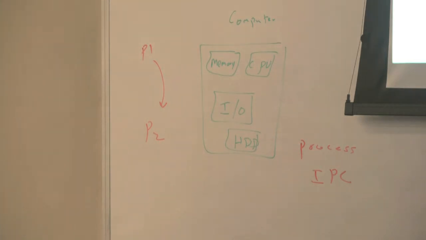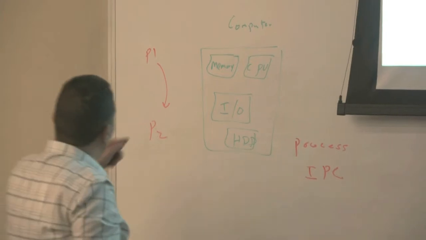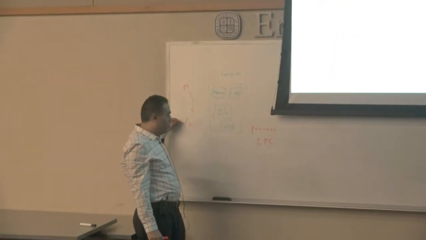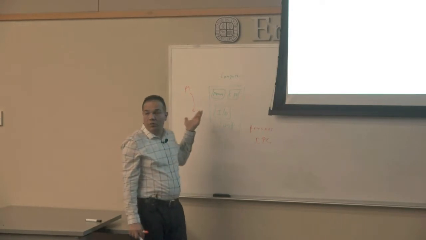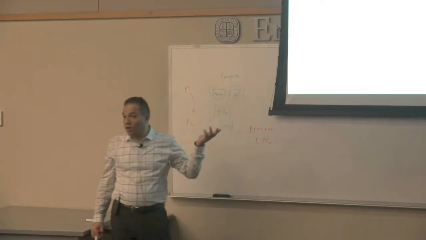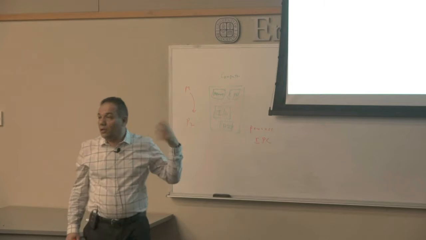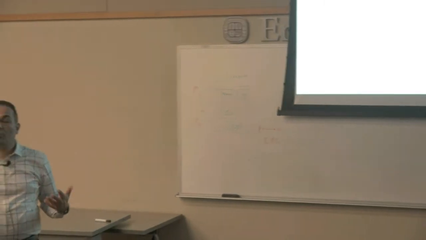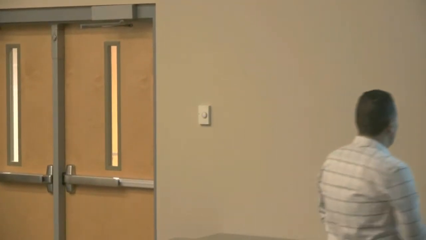If it's in the same computer, the communication will be easier. There are different ways of communicating, and when you take Unix systems programming, you'll learn about the differences. You could communicate with bytes, for example. You could communicate with a shared file.